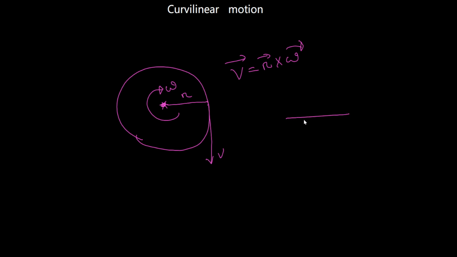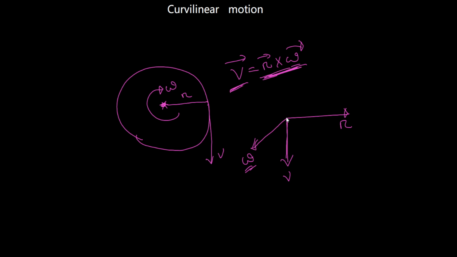Suppose this is the radial vector, this is the velocity vector, and this is the omega vector, which is perpendicular to both. The cross product of the r vector and omega vector will give you the velocity vector. So I'm saying you align your thumb, because the result of the cross product is shown by the thumb of the right hand.